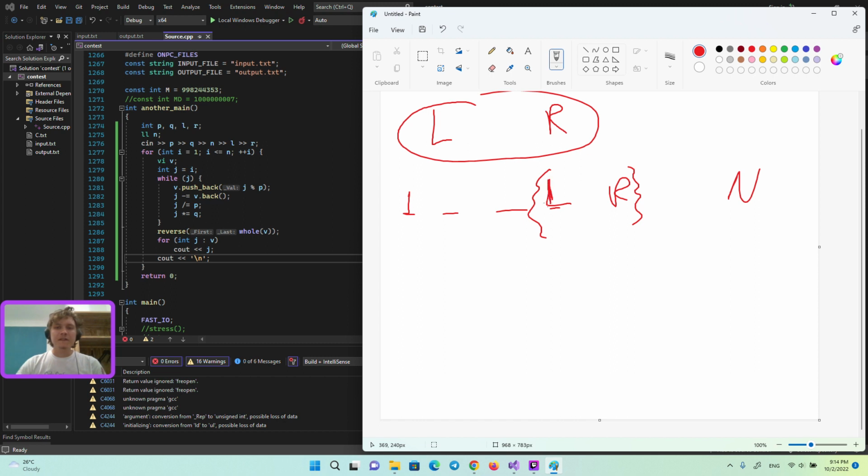So how can we do it? First of all, we find L. How do we do it? So we have some string of digits. We say, what if I add a 0 here?